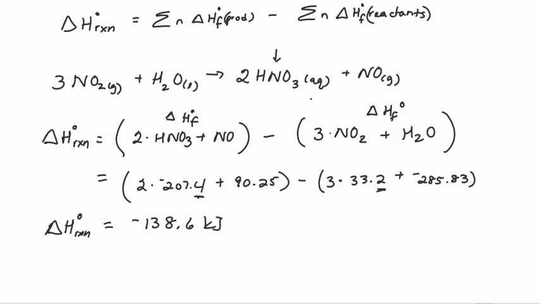So if we have Fe2O3, and that's a solid, reacting with 3 moles of hydrogen to form 2 moles of solid iron and 3 moles of liquid water.